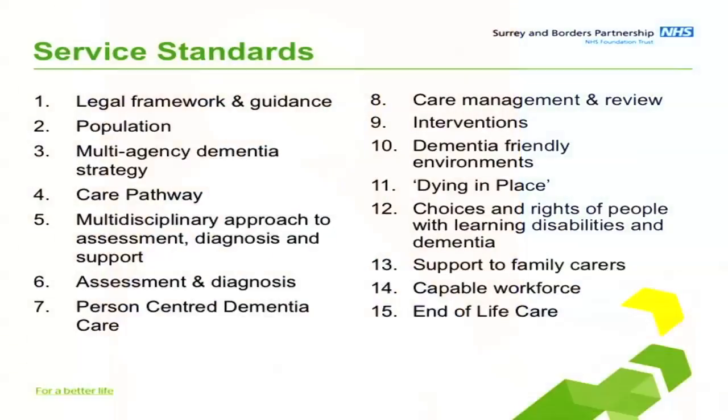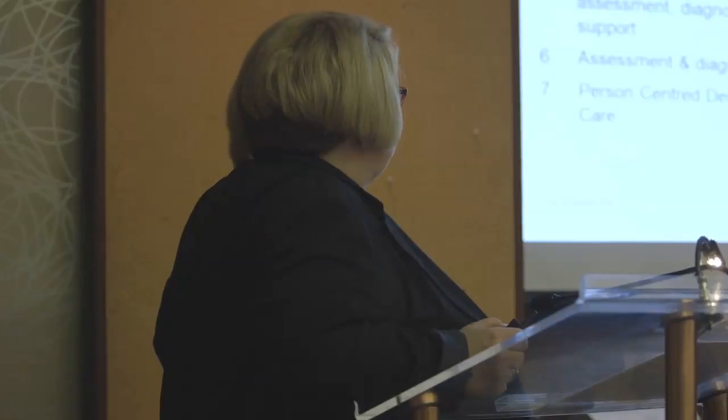So those are the 15 standards. This lays out for a whole service what we would be expecting you to be delivering in each of these areas. So you can see it covers all the sorts of things that we've been talking about in the last 2 days. Just to give you an example, this is the standard about assessment and diagnosis.